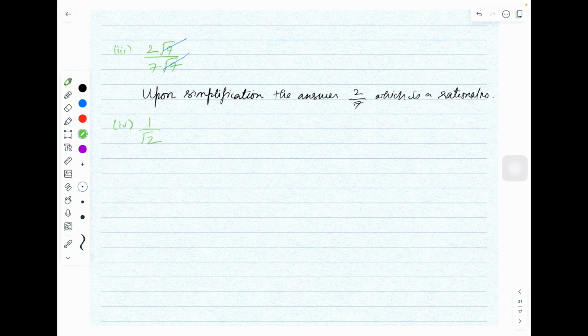Then 1 by root 2. See, I am not doing the rationalization part.